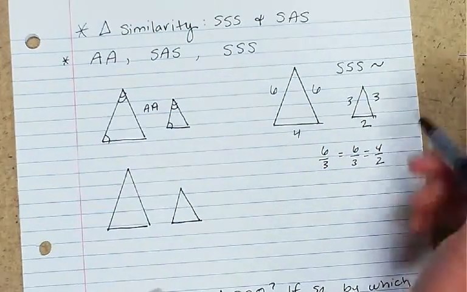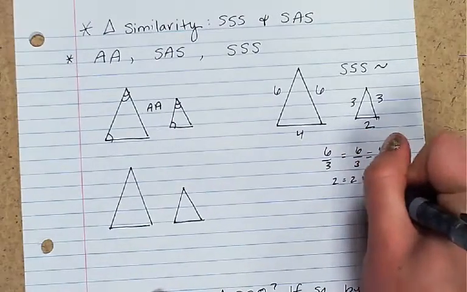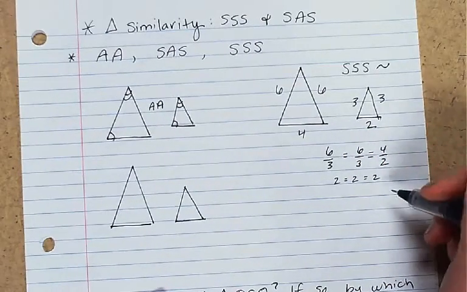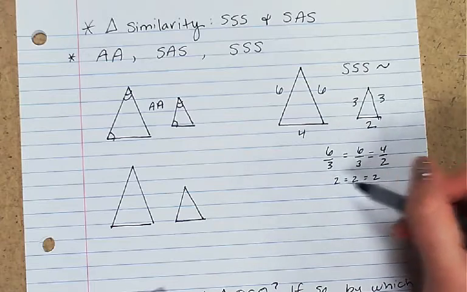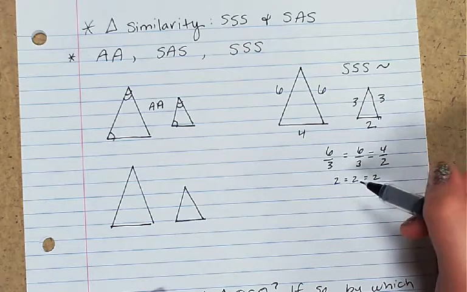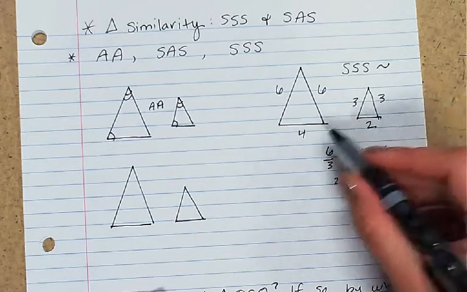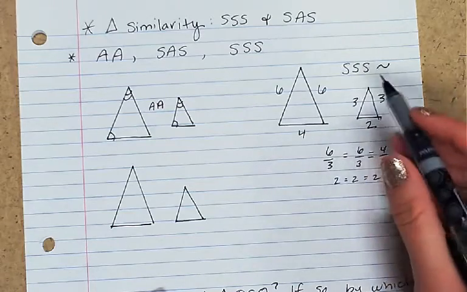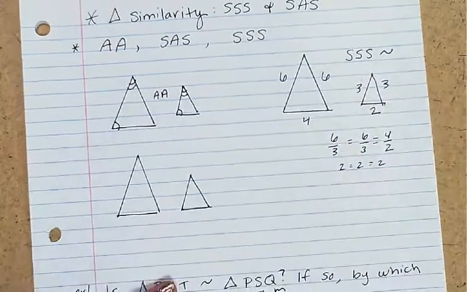So if I simplify all of these, I get 2 equals 2 equals 2. That means the sides are proportional. If it doesn't match up, if I got 2 equals 4, these are not similar triangles. And again, that's for the SSS similarity.